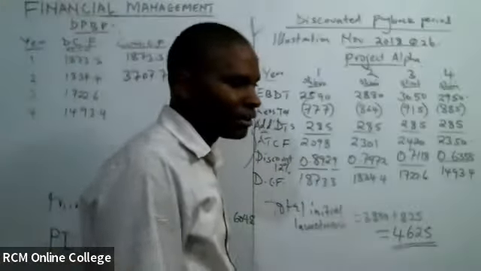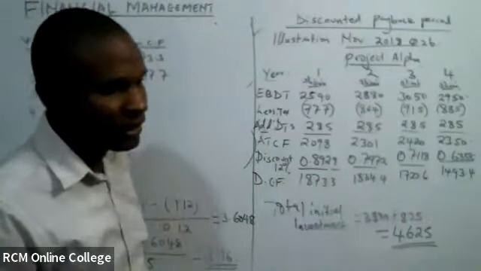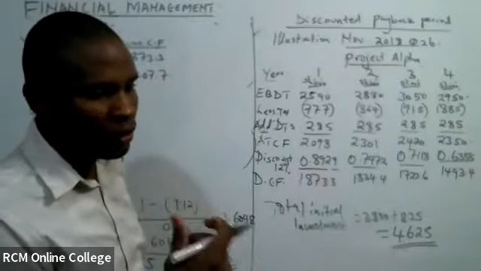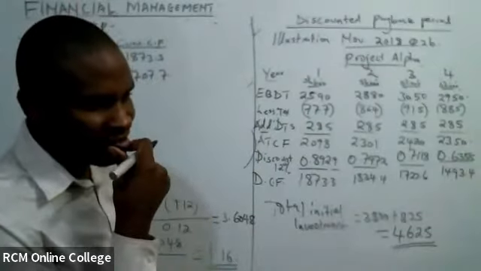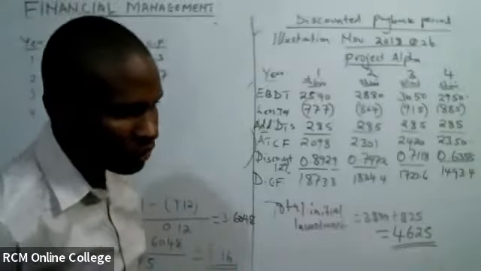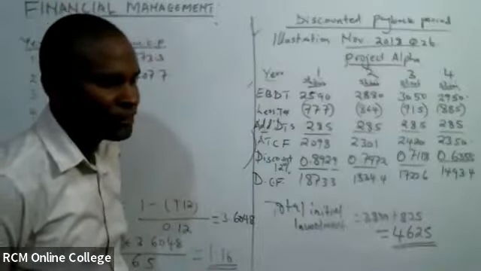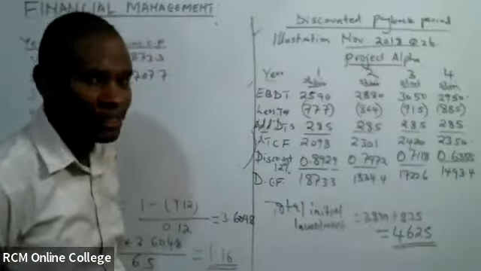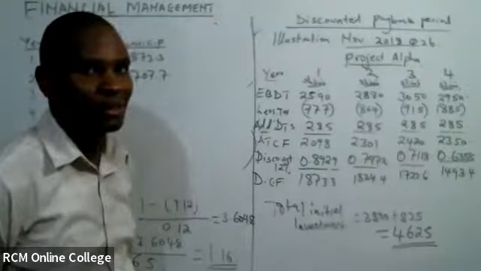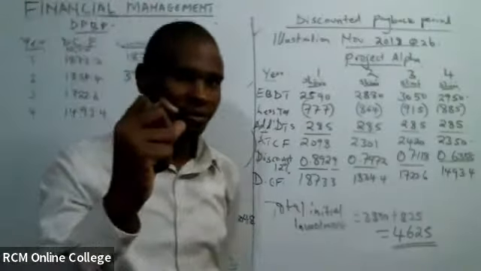We are saying that the initial outlay has several components. Wait a minute. I say initial outlay has several components. One of the components is the cost of that item, right?